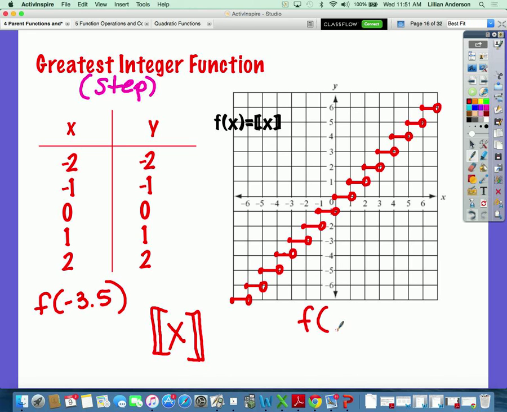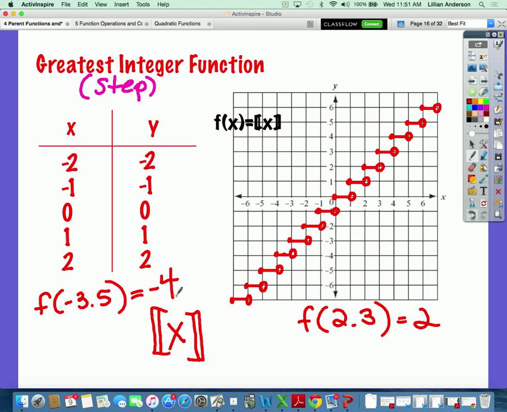F of 2.3? 2.3 is located right after 2. What's the corresponding y? 2. That's all you do to evaluate the function. It's almost like rounding, but you're going towards an integer. All your answers will be integers every time you evaluate the greatest integer function. Hence why it's called that.